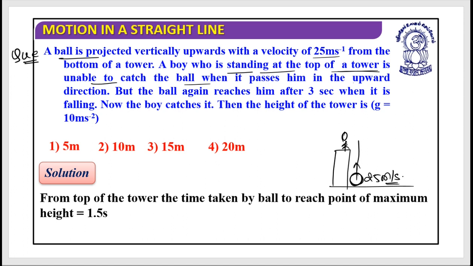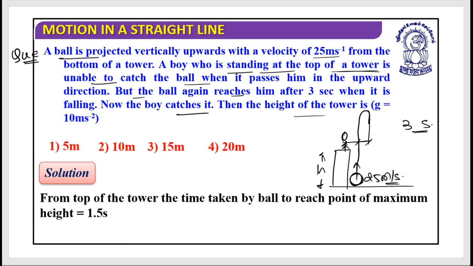The thing may be something like this: the person is here, and the ball has been thrown upward with a speed of 25 meter per second. At this instant he could not catch it, but the ball again reaches him after 3 seconds. So this time duration, from here to here, is 3 seconds, when it is falling. Now the boy catches it. Then the height of the tower, this is the h, is to be found.